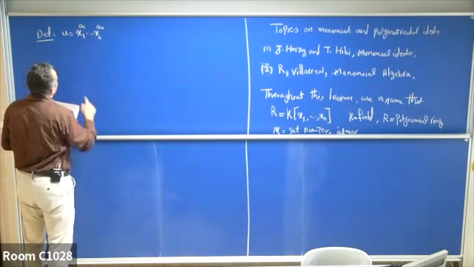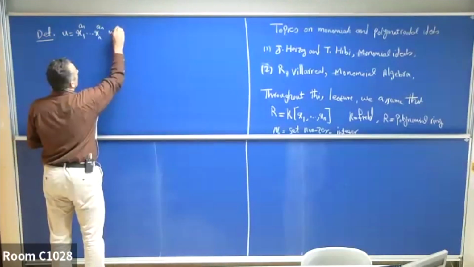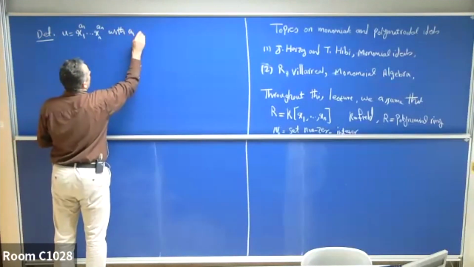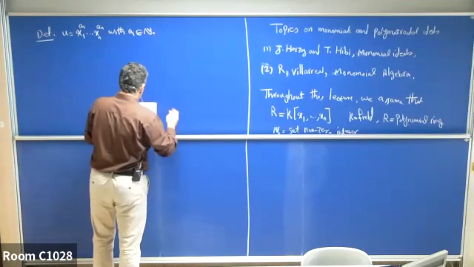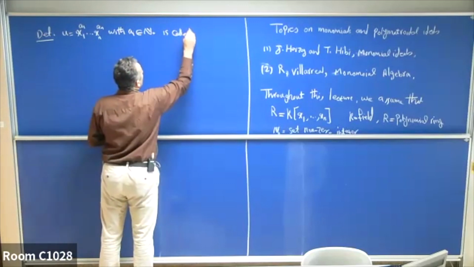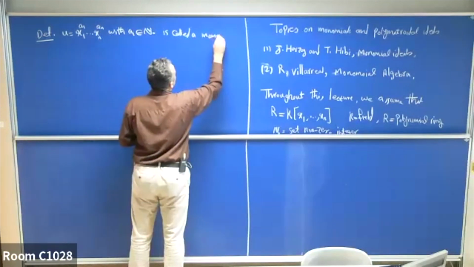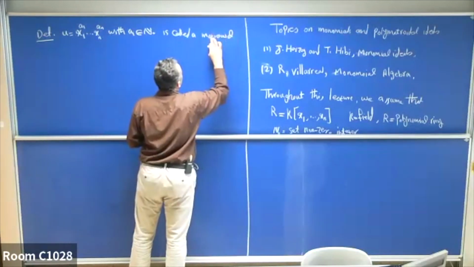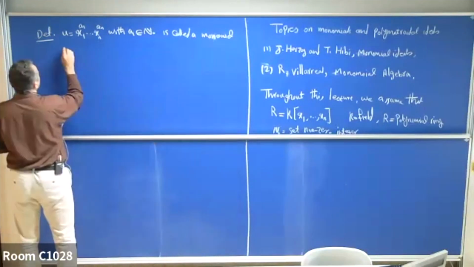This is the product of the variables, with a in N0^n.